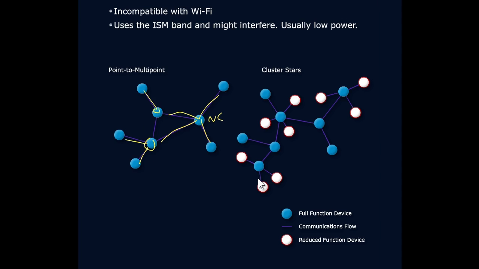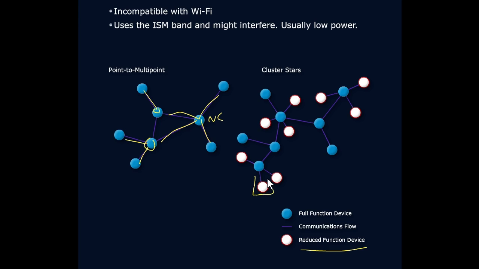In order to introduce a less expensive, lower powered solution, we also have reduced function devices. And in many cases, this is exactly what you're going to have out on the periphery, your actual physical devices, the ZigBee component that is hooked into the heater, the automation system, whatever it might be.